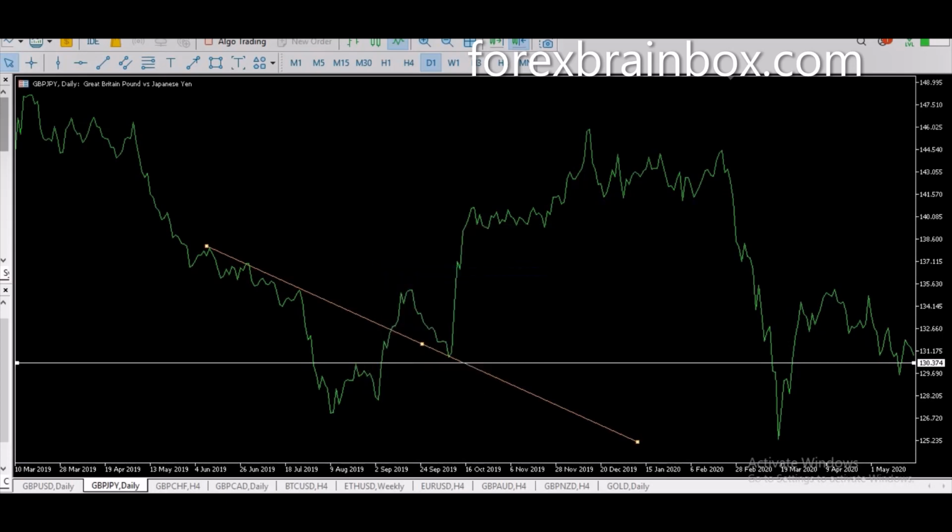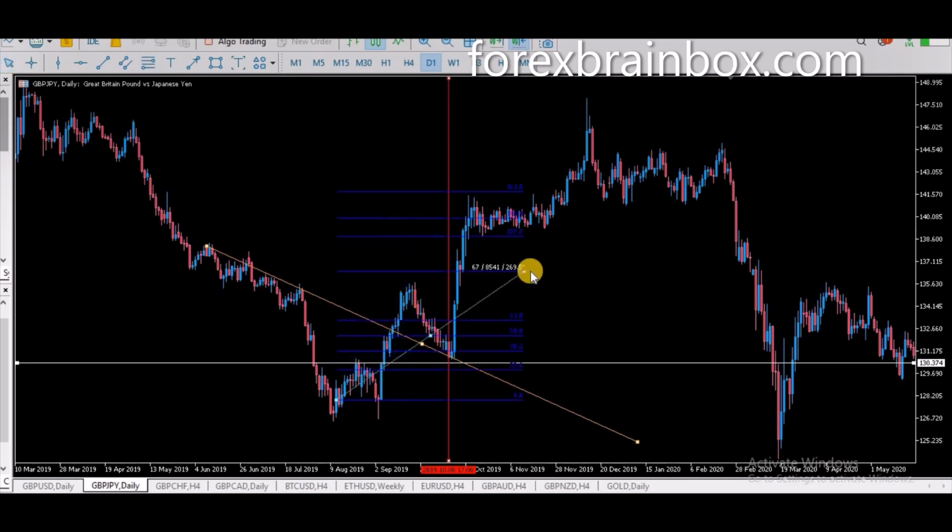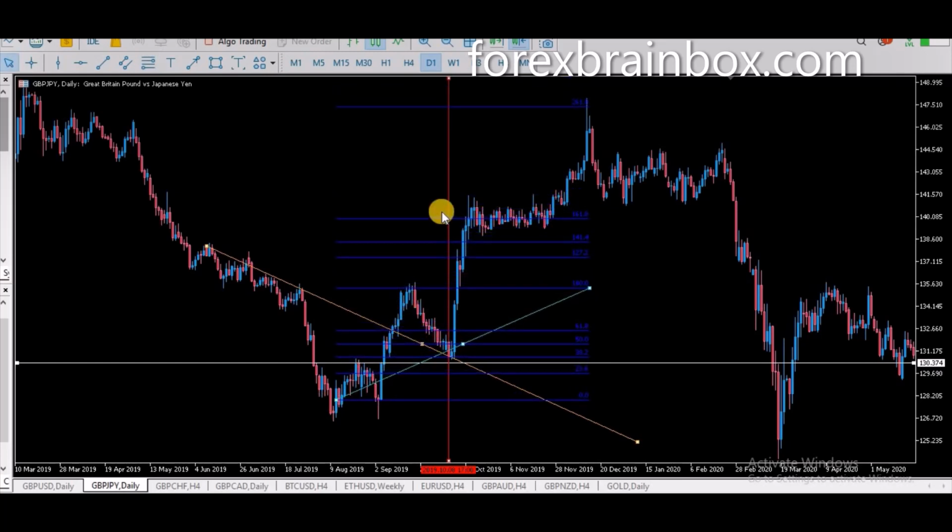So at this level, you do the needful by looking out for maybe another structure on 4 hours or 1 hour, and place your entry. Then you can decide to look out for take profit levels on the reversal zone on your Fibonacci. So this process just keeps repeating itself.